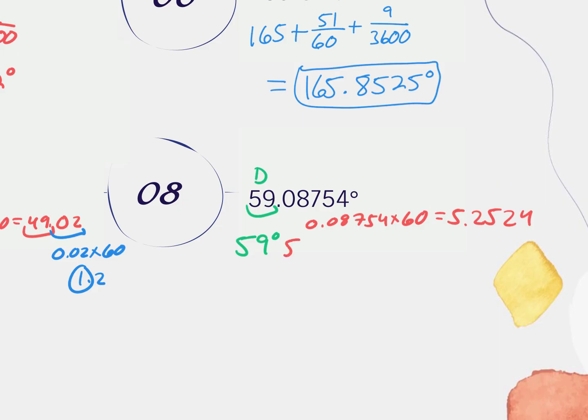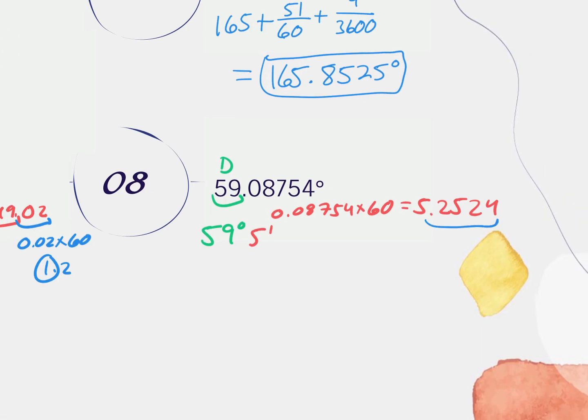So again, I'm going to use that number as the minutes, and then I'm going to use this part of it as the decimal, so 0.2524 times 60 again. And that should get you 15.144. Again, you're just going to use the whole number part of it, and then that's your final answer.